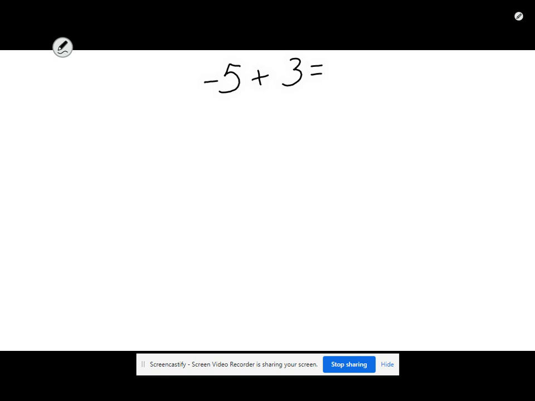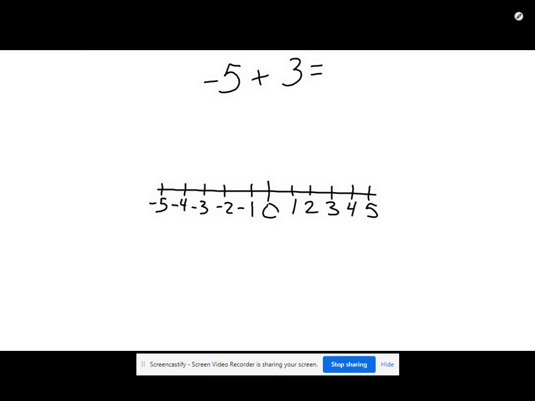Is not negative 8. Remember, if you need to, you will have scratch paper. Draw yourself a number line tomorrow. Oops, it's not negative on the right. It's positive. So draw that number line to help you remember which way we're going.